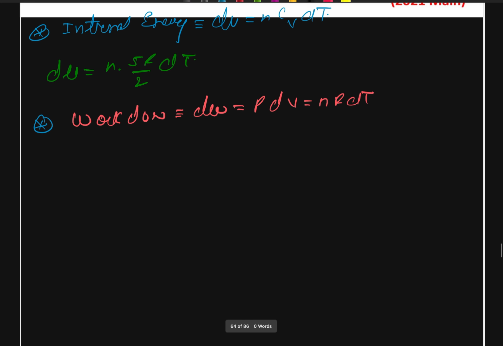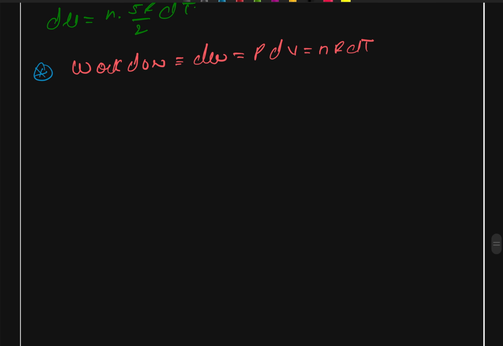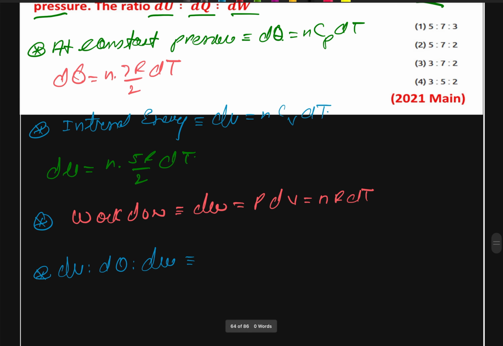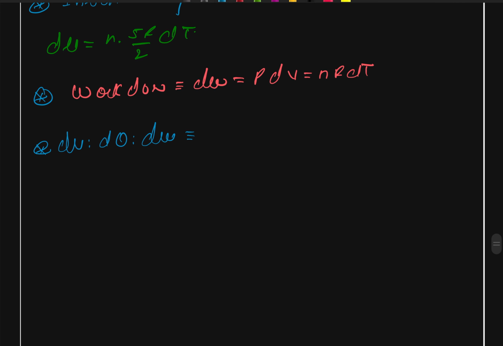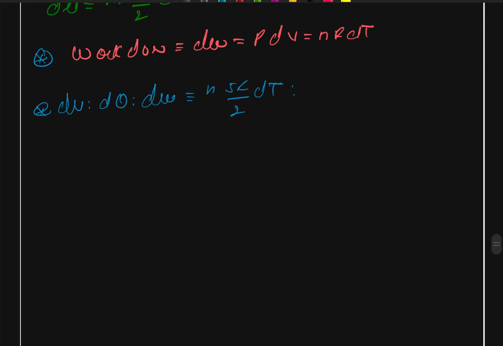So now we find out the ratio of dU, dQ and dW. dU is n 5R/2 dT, dQ is n 7R/2 dT, and dW is nR dT.